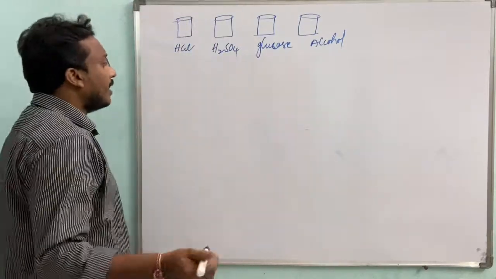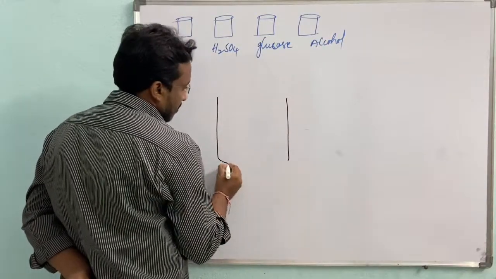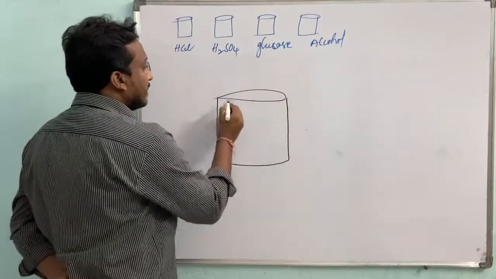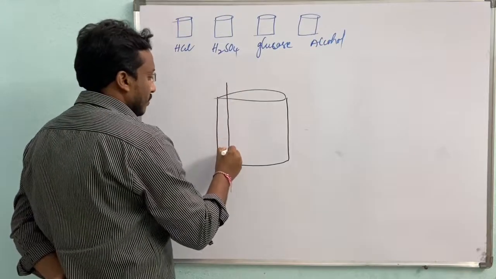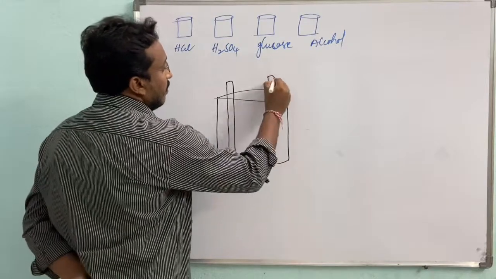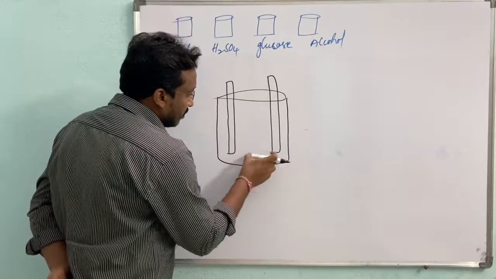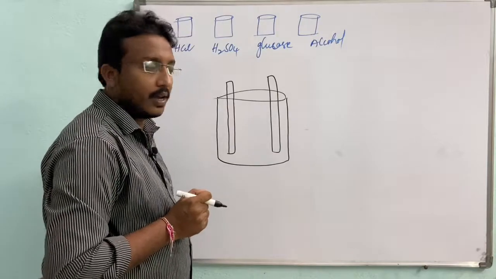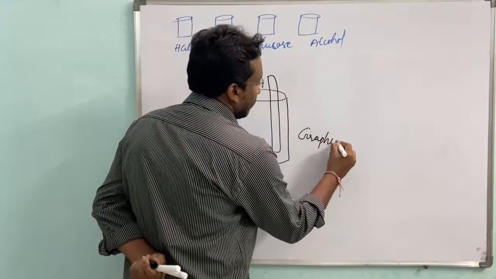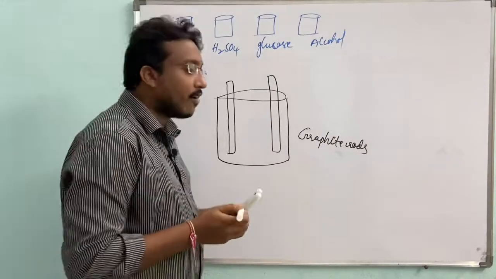Okay, and take a beaker and fix 2 rods. These are graphite rods.